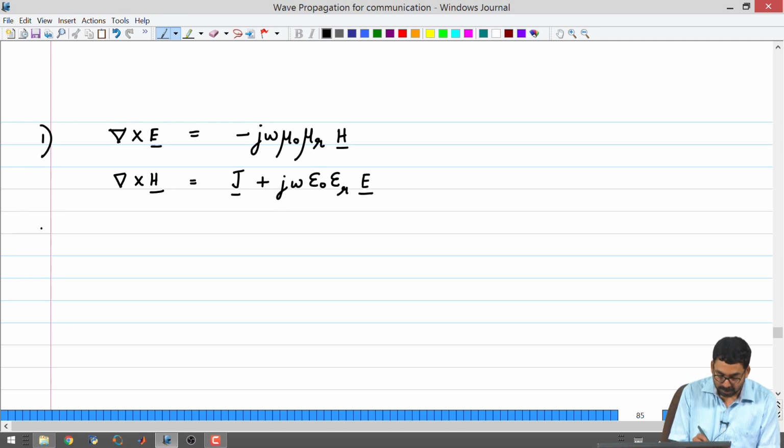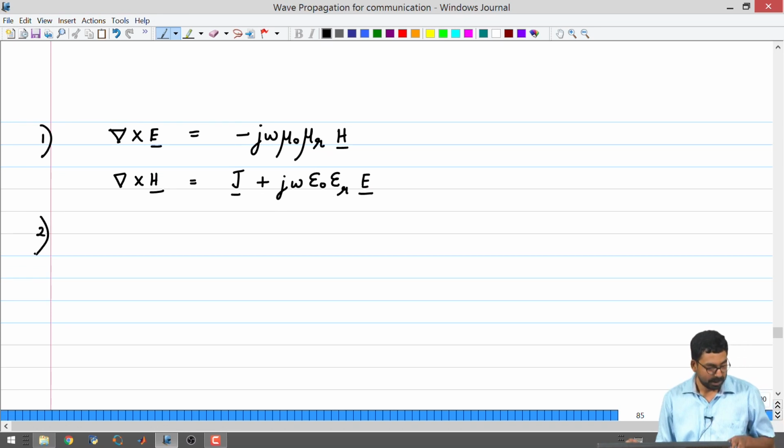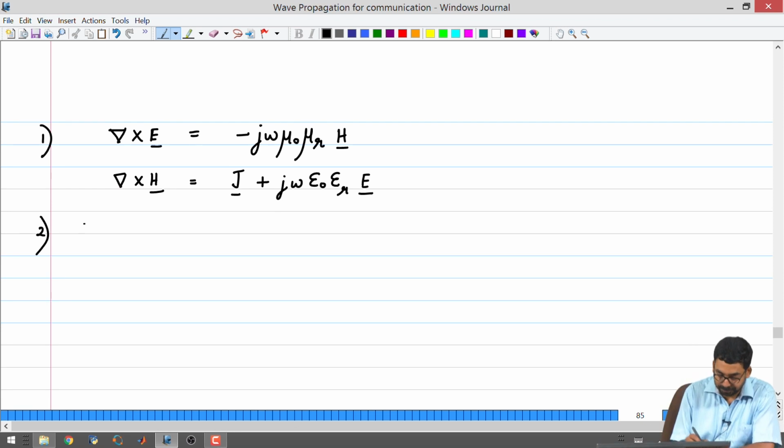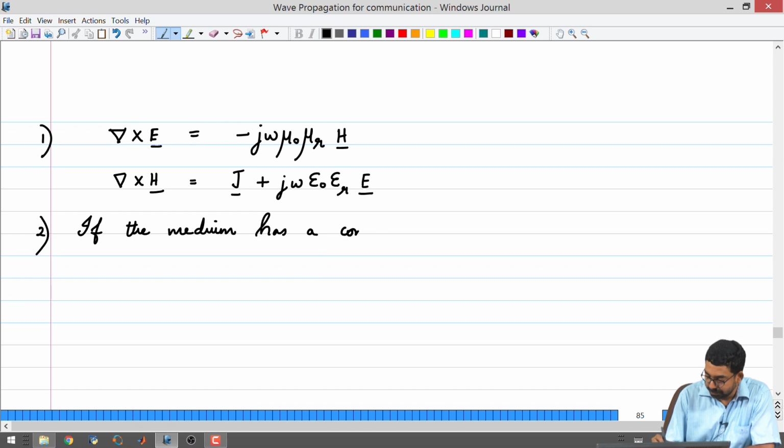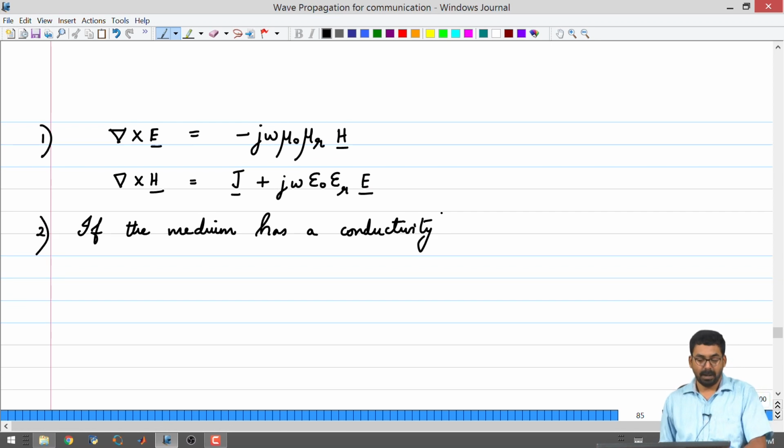So we can begin this analysis by saying that if the medium has a conductivity, and we represent conductivity with sigma, we can write down Ohm's law for the conduction current density.